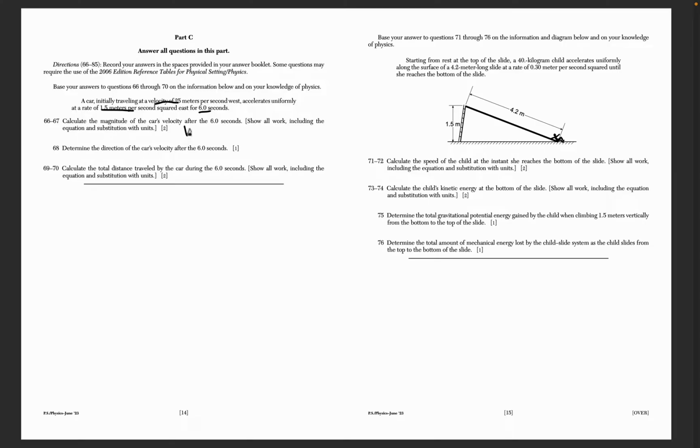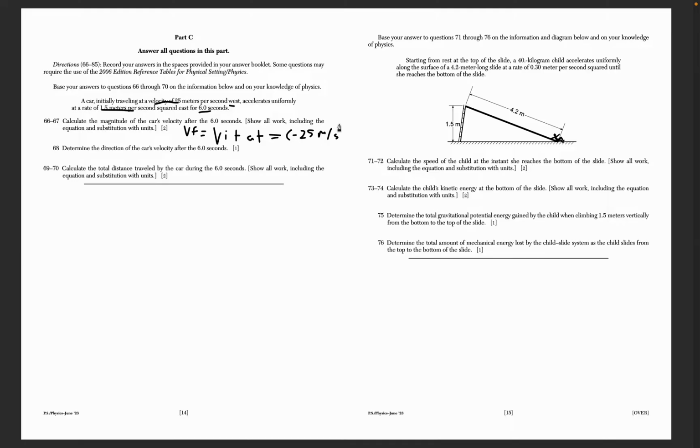So we could use VF equals VI plus AT, which means that VF, which we're trying to find, is equal to the initial velocity, which is negative 25 meters per second. And it's negative because it's going west.